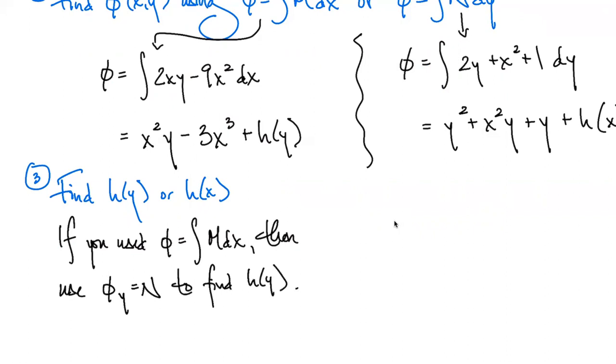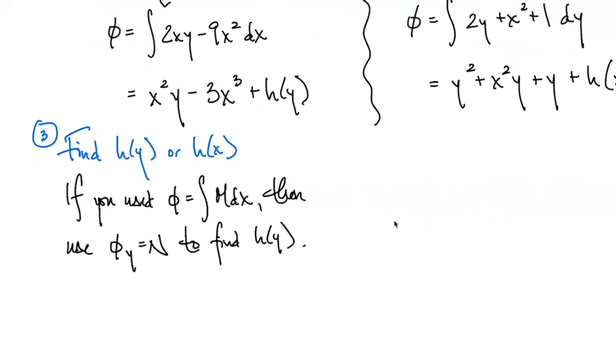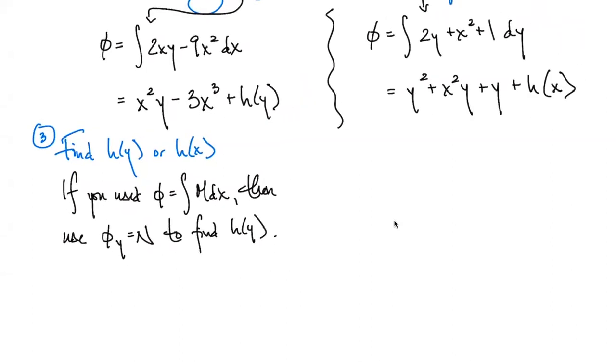Okay, so if you use the one on the left with m dx, then we're going to use phi sub y equals n to find this h of y function. And here's what I mean by that. We're literally going to take phi sub y and set it equal to n. So we're going to go back to our phi.